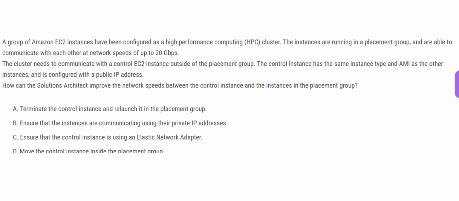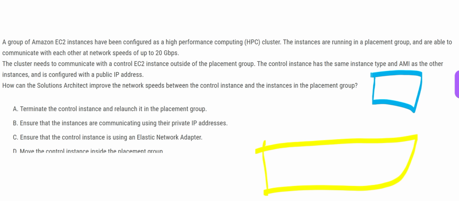Now in this case, A is telling you that, you know, I lost my diagram. It's like you have this yellow box and it needs to talk to the blue box, and you want to make sure these guys have the fastest way to talk to each other.